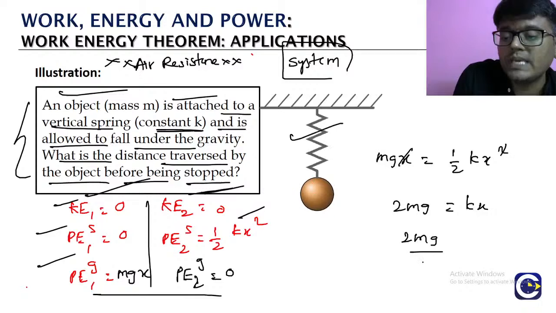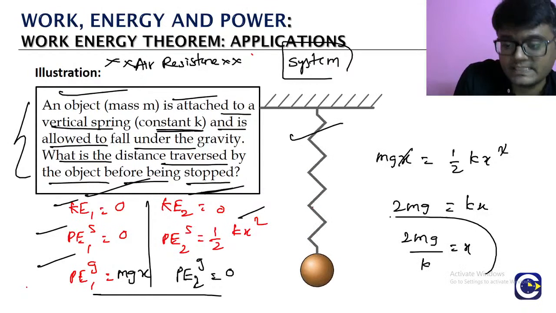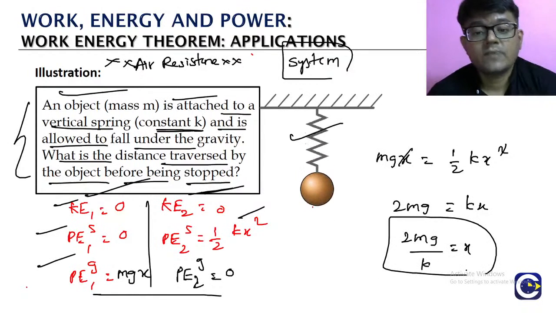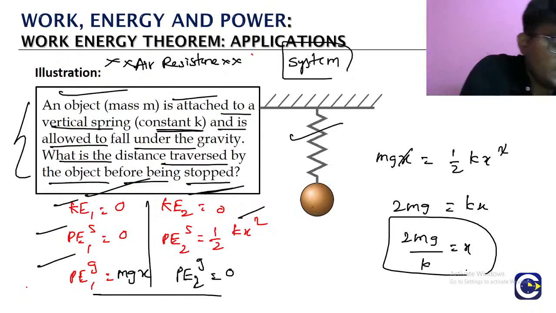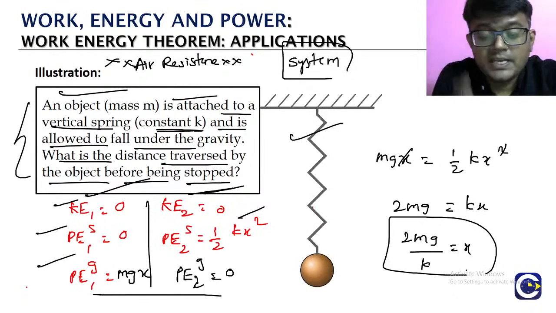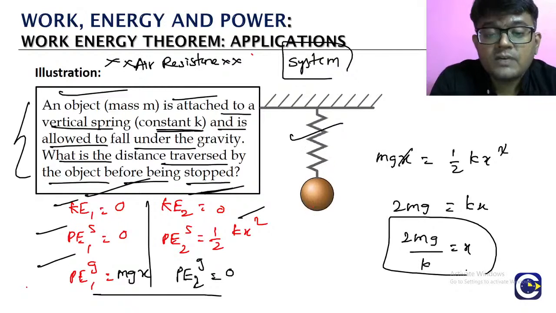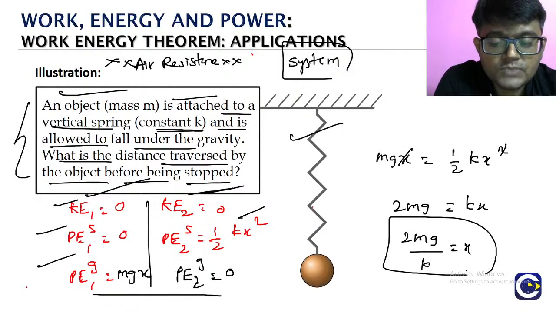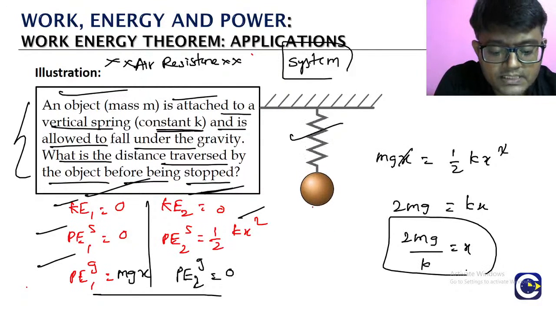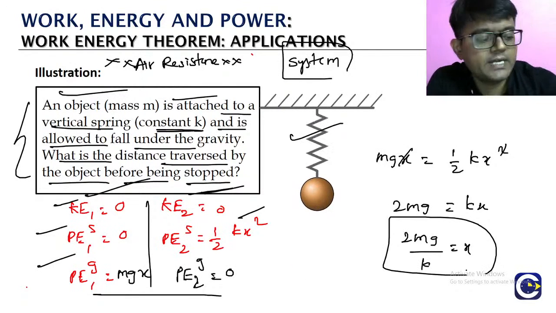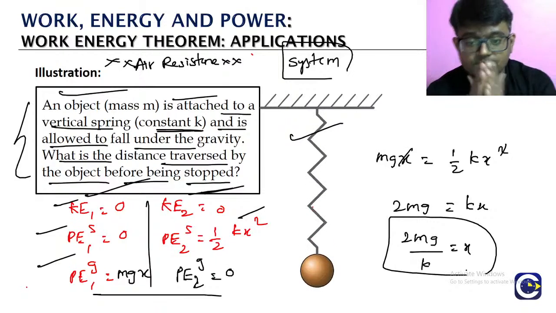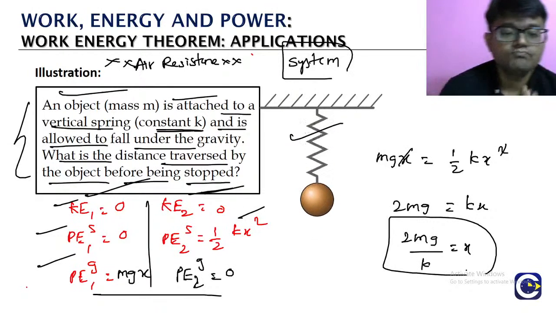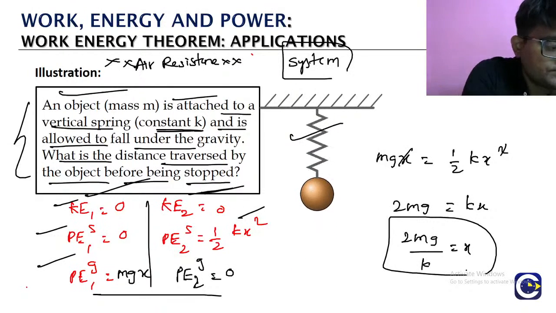That means x is 2mg by k. What is the x value? 2mg by k. So when you release it, how much distance will it go below from the starting point? It will go a distance of 2mg by k. That much distance it will go below before it again comes to rest.